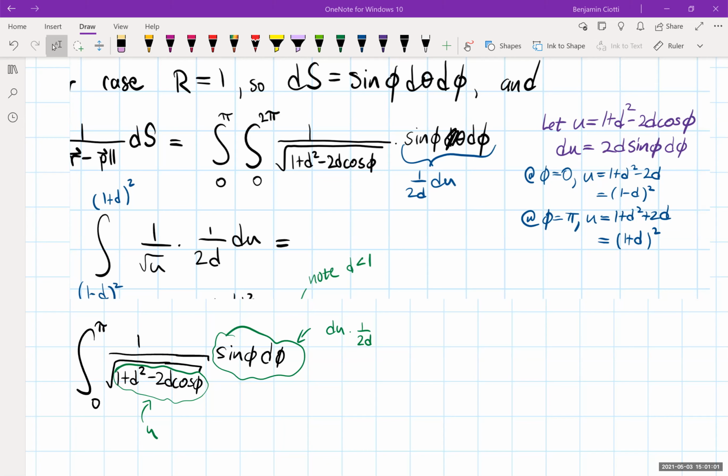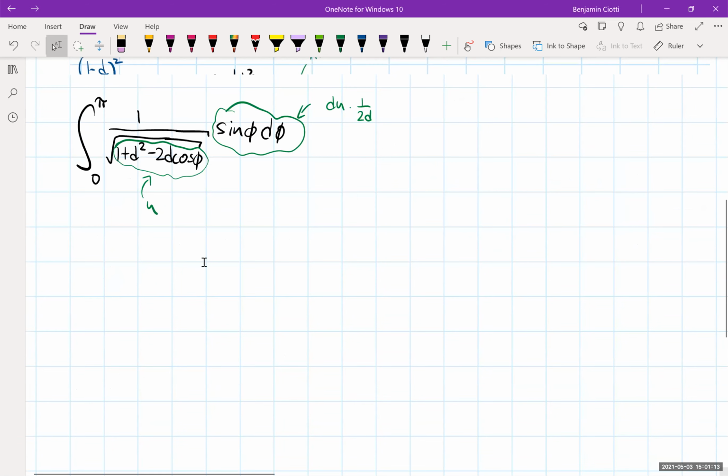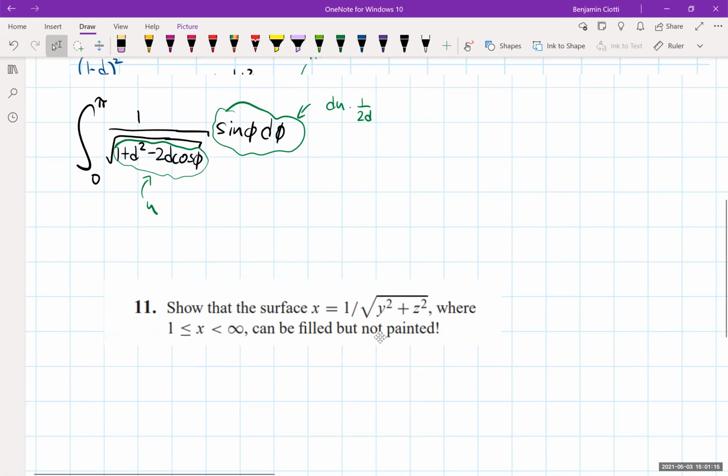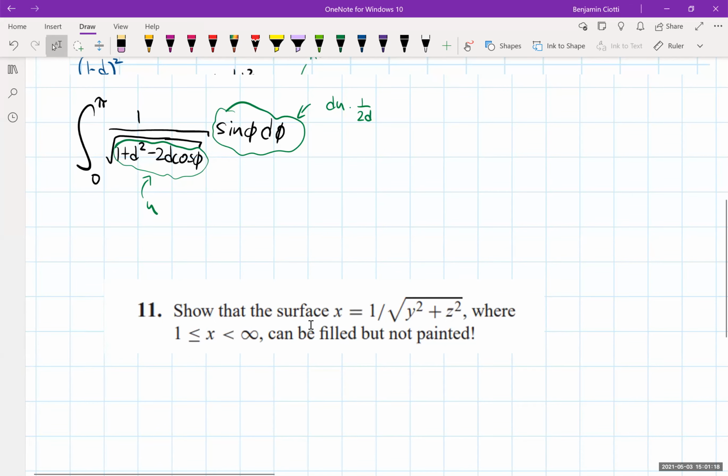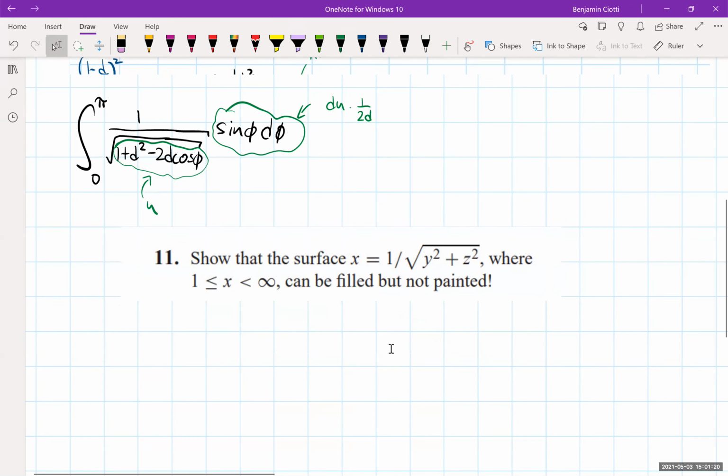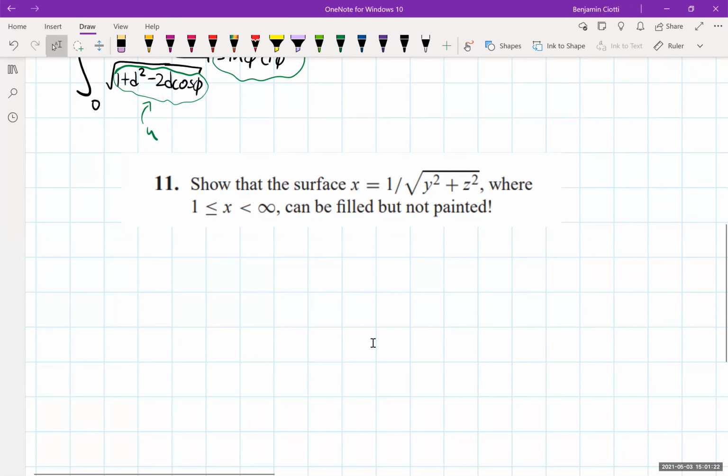That's the Gabriel's horn problem. So let's see, since I assigned this one, I think I can do one that's similar, which I think will suffice.